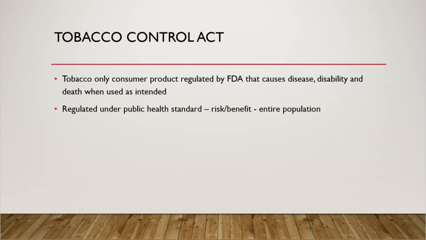FDA regulates tobacco under a public health standard, and what it will do is evaluate the risk and/or benefit as it relates to the entire population. And then in 2009, the Congress enacted the Family Smoking Prevention and Tobacco Control Act.